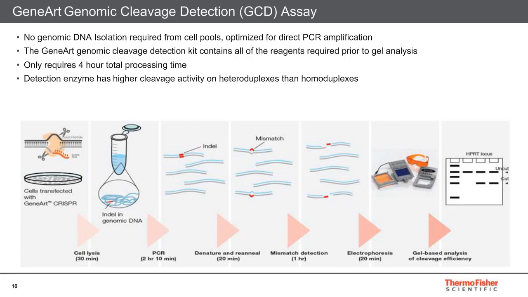We can have an estimate of the total abundance of cleaved products, and that can give us a measure of the total amount of cleavage that was generated by the CRISPR.